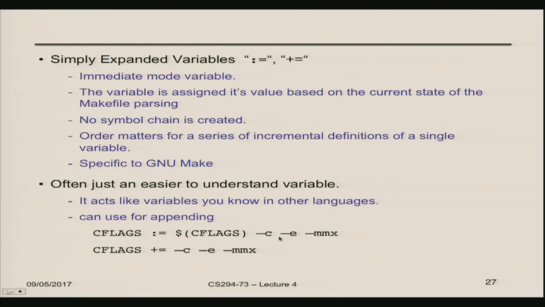So it'll add this set of strings to the CFLAGS list. And then another syntax for doing exactly the same thing is CFLAGS plus equals -c -e -mmx. And this is very specific to GNU Make. But life is a lot easier. Order does matter here, by the way. Once you've invoked colon equals, it matters that things are defined before use.